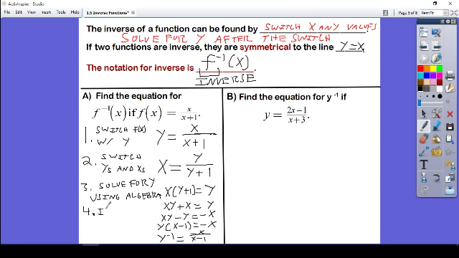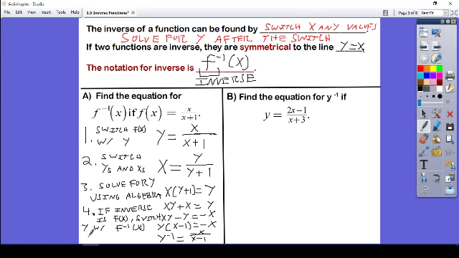And finally, step 4: if the inverse is a function, switch y with the terminology f to the negative 1 of x.